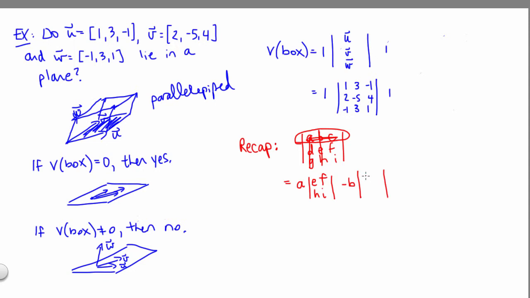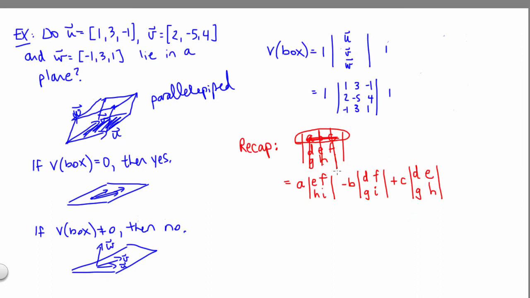So we've got the 2 by 2 determinant d, f, g, i. And again, the signs continue to alternate, so now we're back to plus c times the 2 by 2 determinant that results when we cross out the row and column containing c, which is the determinant of d, e, g, h.